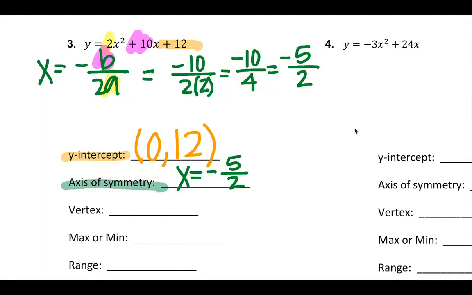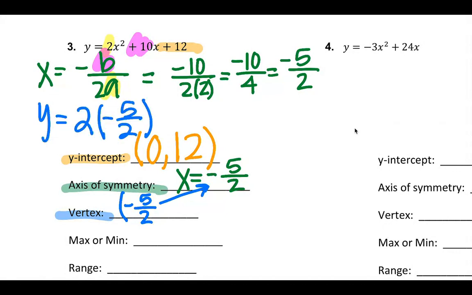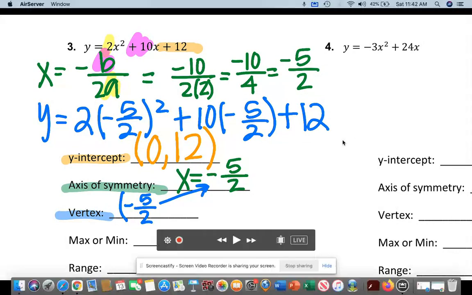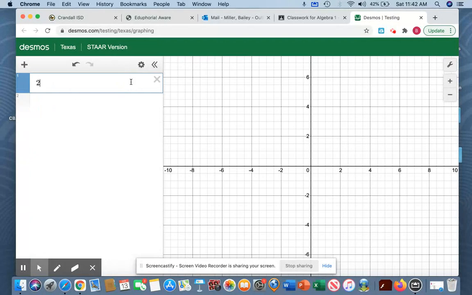Vertex. I'm using the negative 5 over 2 from here. I'm plugging it back into y equals 2 times negative 5 over 2 squared plus 10 times negative 5 over 2 plus 12. And again, I'm going to plug that whole thing into Desmos. So go to Desmos, and I've got 2 times negative 5 divided by 2.